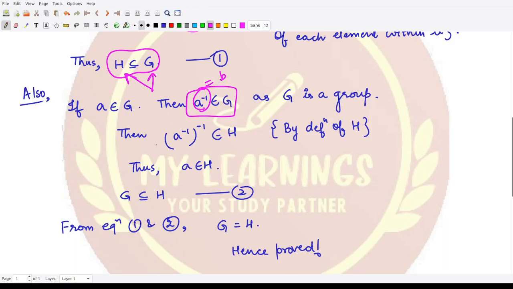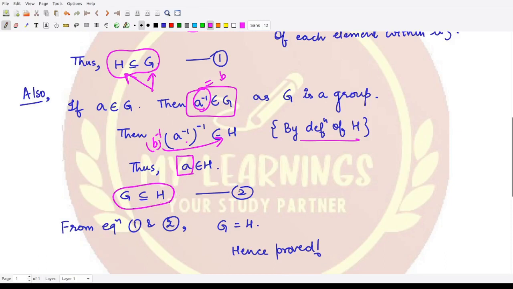So if you take the inverse of b, it would be present in H by definition. And what is the inverse of a inverse? It is simply a. So we have G contained in H.